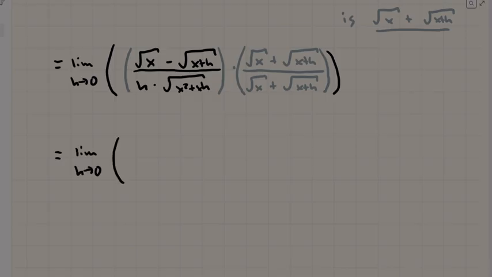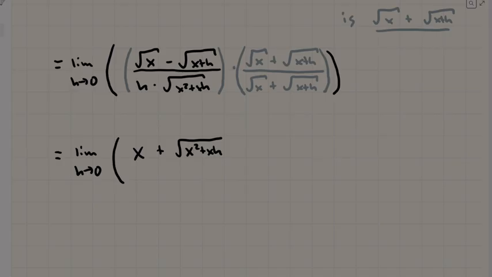All right. So it's just like FOIL on the numerator side. First times first is square root of x times square root of x. That's x. The outsides would be square root of x times square root of x plus h, so I'll just write square root of x squared plus xh.